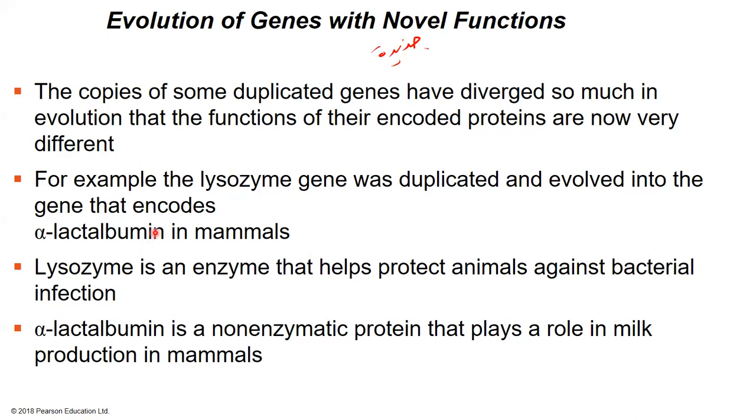So for example, scientists think that two genes, one encoding the lysozyme, which is an enzyme, and the other codes another protein called alpha-lactalbumin, both originated from one gene.